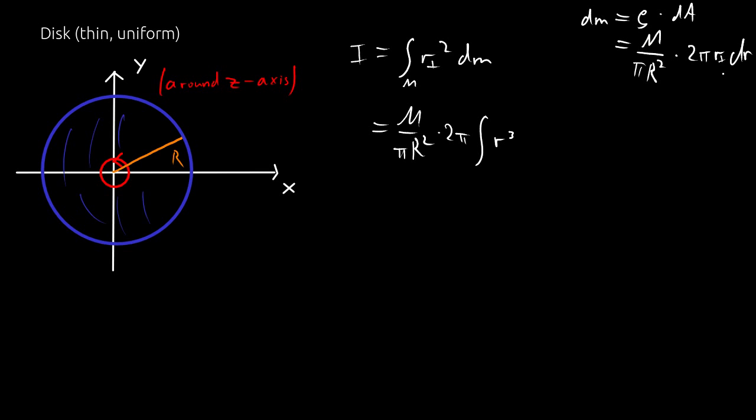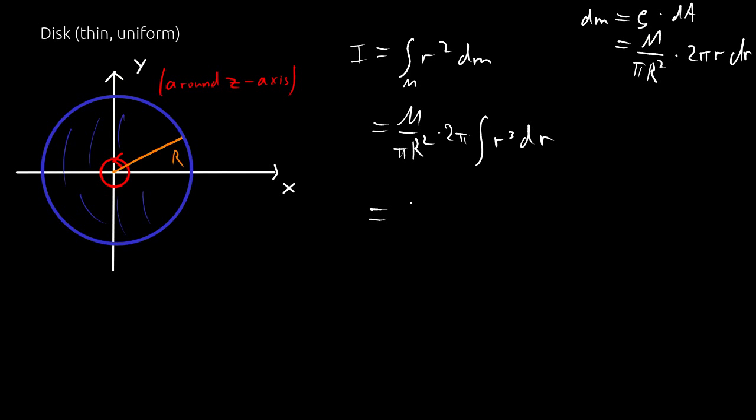Or I could also write r perpendicular here, so it's a little bit more clear, r perpendicular cubed, or I'm just going to write r for all those things, dr, of course, because we have dr here.